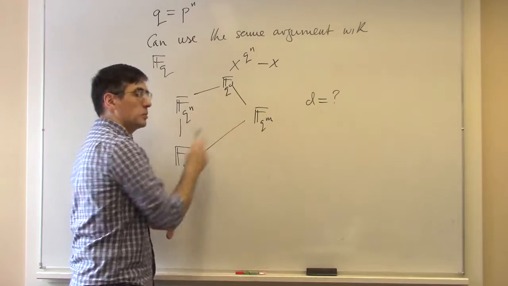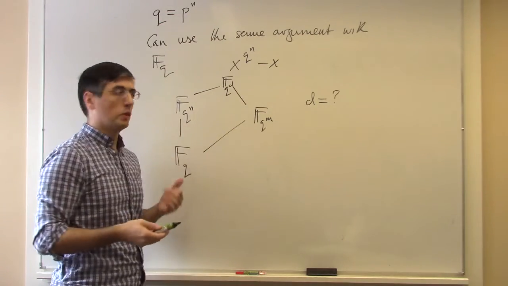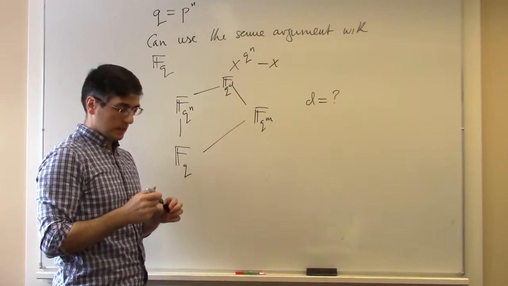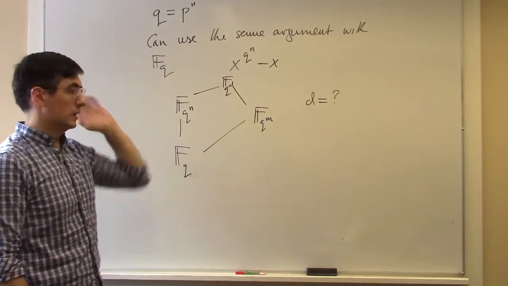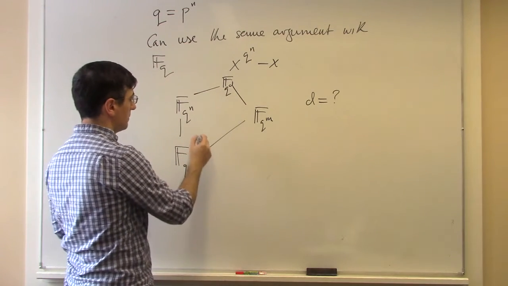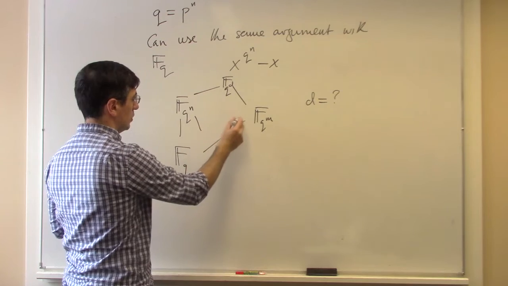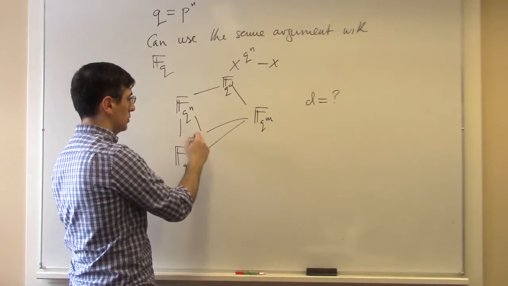Sometimes it is n times m, but sometimes it's smaller. So as an exercise, you should try to figure out what this D is. The other thing that you should figure out is the smallest field that is contained in both. So what's the intersection?